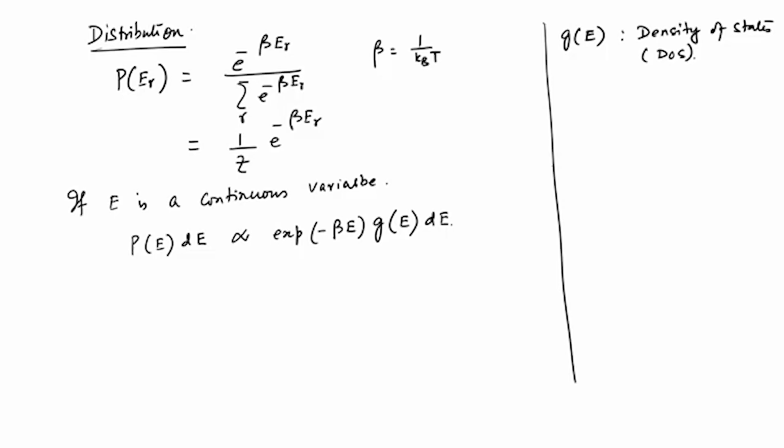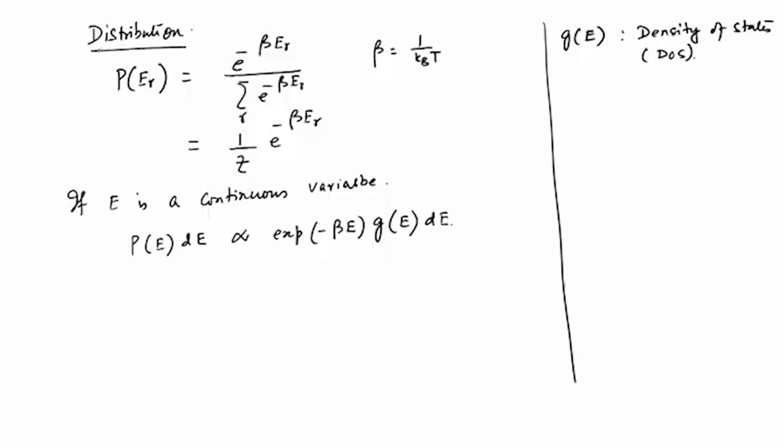So, if we convert a discrete sum into an integral, we should always include in the integrand this density of states, because this density of states may actually vary depending on energy. As you see, g(E) is written as a function of E. Okay.